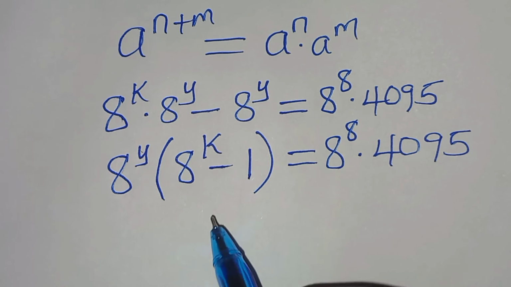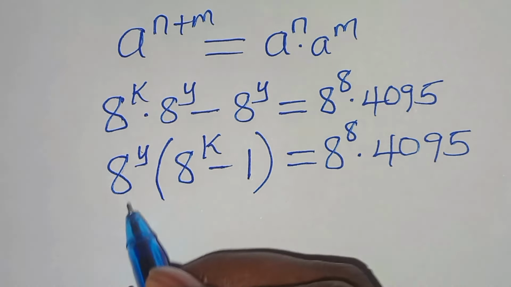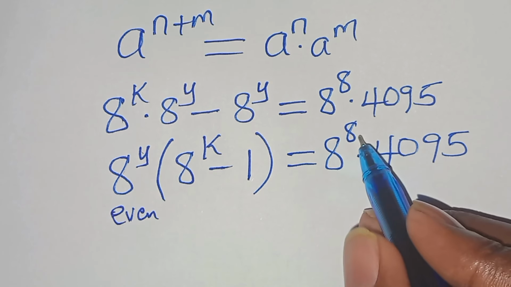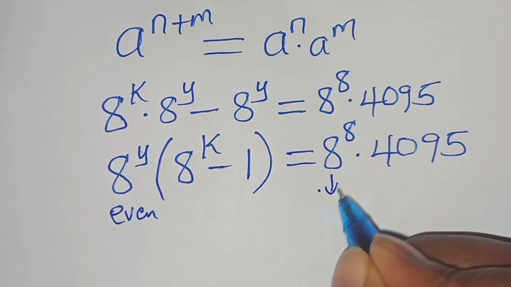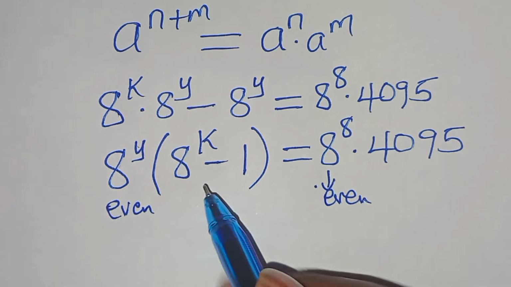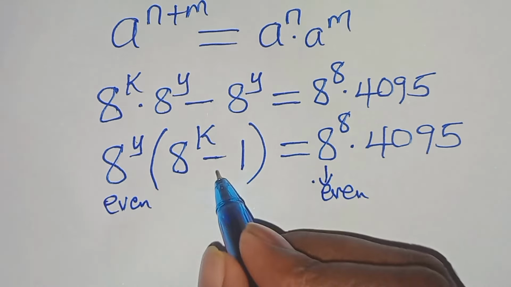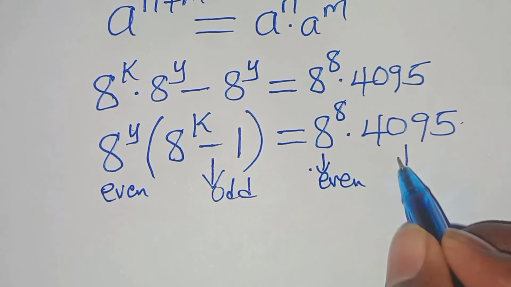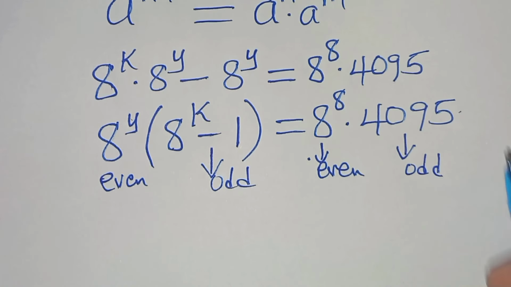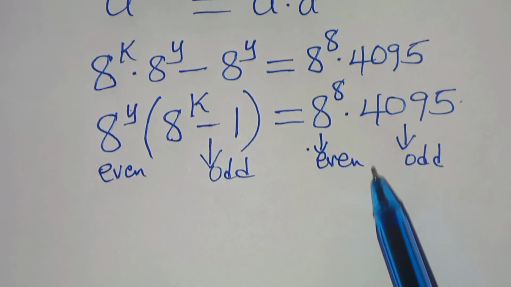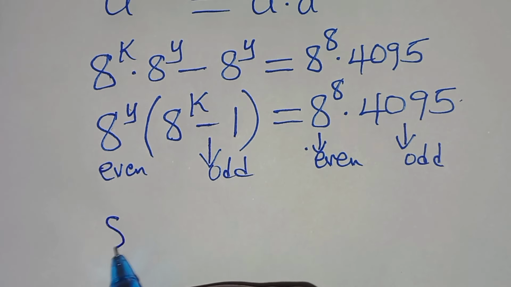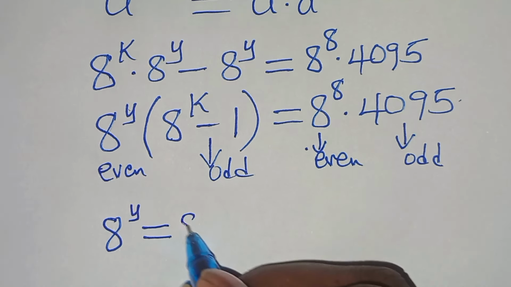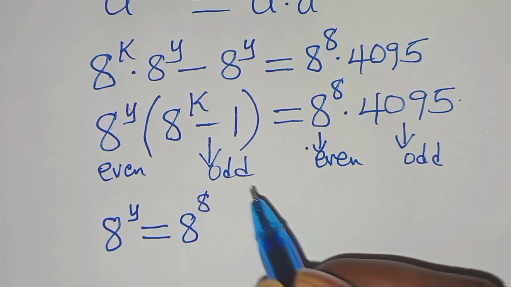The next step is that 8 to the power of y is even, and we have 8 to the power of 8 on the right hand side, which is also even. And 8 to the power of k minus 1 is odd, and 4095 is odd. So let's compare even and even, so that we have 8 to the power of y equal to 8 to the power of 8.